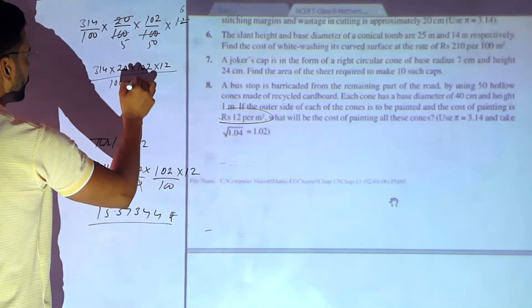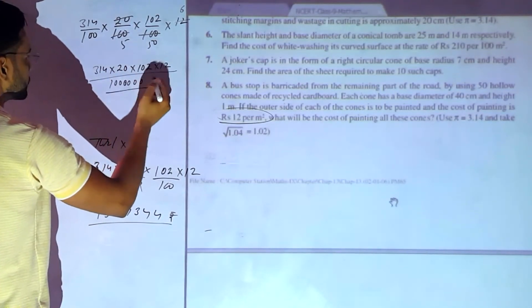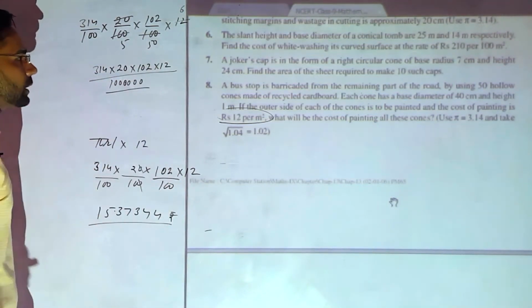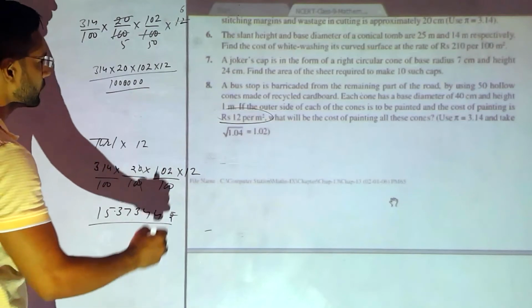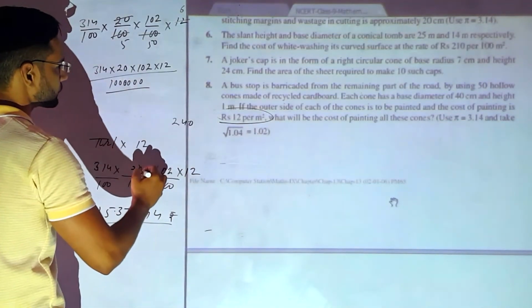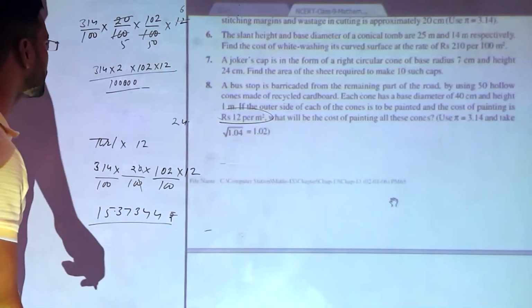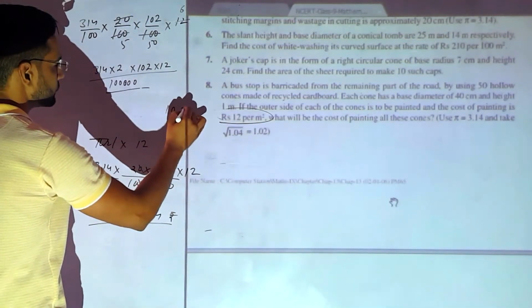Now 22 12 to the 24 means 240. Cancel 1, cancel to 24. 24 into 102.